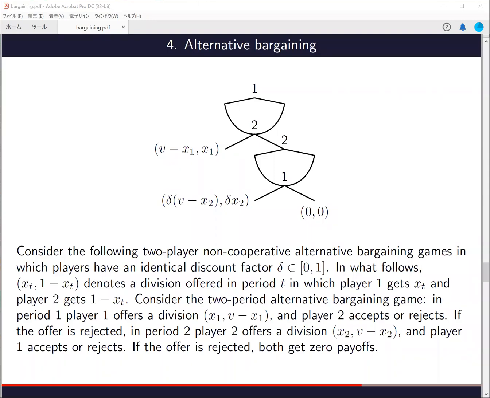Now, let's see how the discount factor plays a role in the context of the alternating bargaining model. Consider the following two-period alternating bargaining game where players take turns to play an ultimatum game. In the first period, player 1 offers a division of payoffs where player 1 gets x1 and player 2 gets b minus x1. And then player 2 decides to accept or reject the offer.